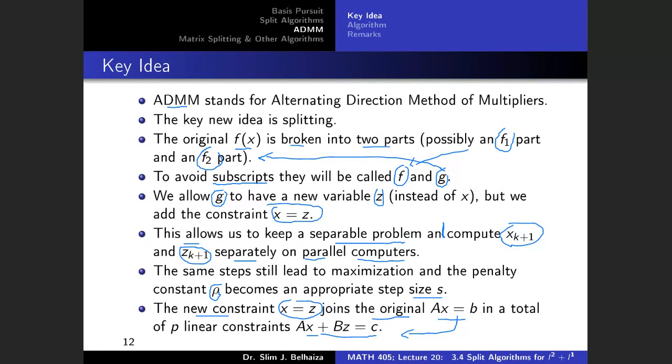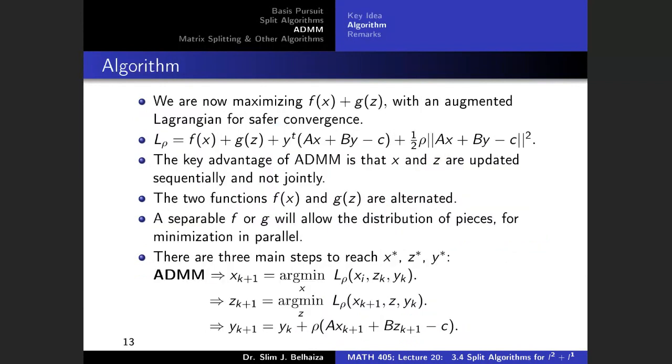Just to summarize, we're splitting the function f of x in two, and even using a different name for x when it goes to g. So we'll be trying to work on f of x plus g of z. Now we are maximizing f of x plus g of z with an augmented Lagrangian for safer convergence.